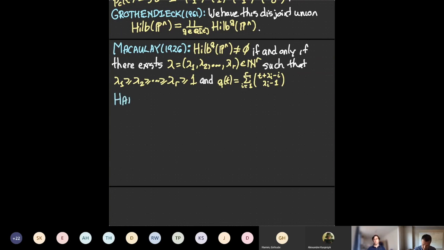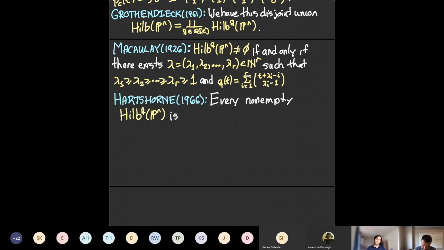Hartshorne, in his thesis, and only shortly after Grothendieck proved the existence of things, shows that every non-empty Hilbert scheme of the form we're interested in is path connected.